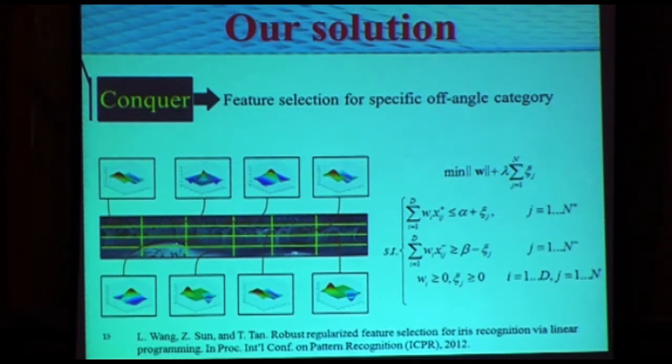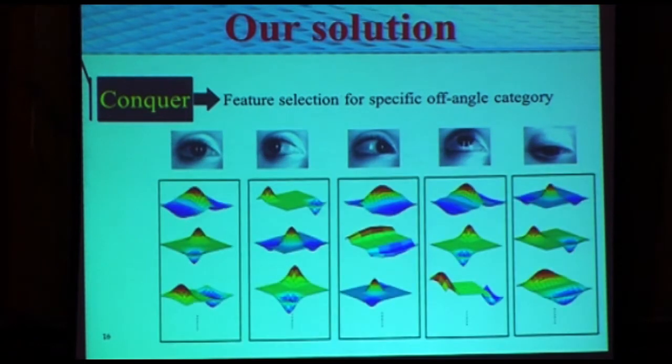And then the features are adaptive to different gaze orientations. After feature selection, we obtain the final feature representation for different off-angle categories. And in the matching stage, we extract the selected features for the probe sample and the gallery template with the same gaze orientation and obtain the final Hamming distance.